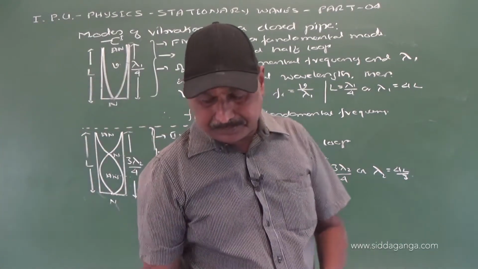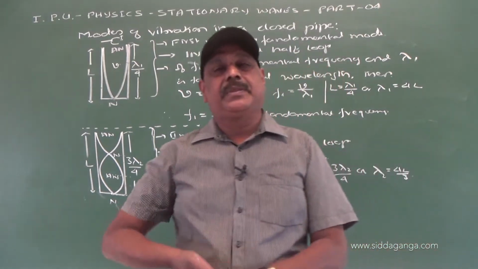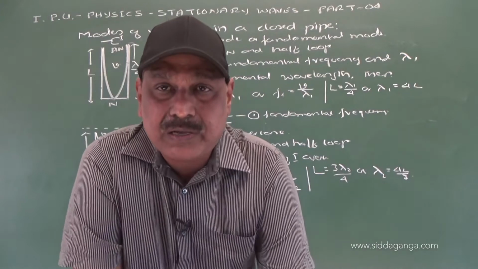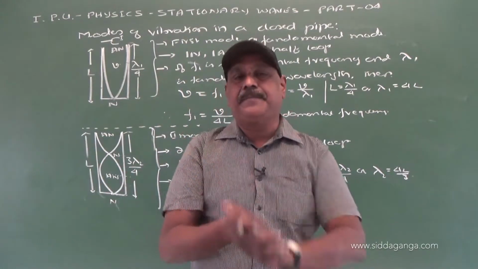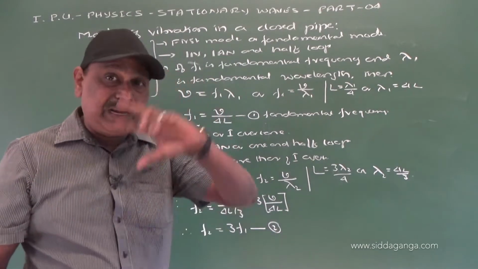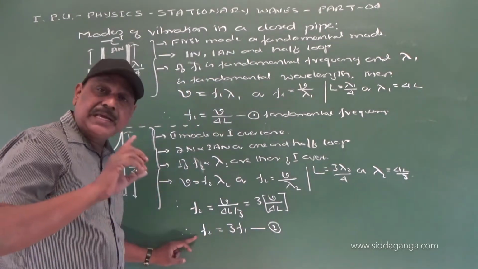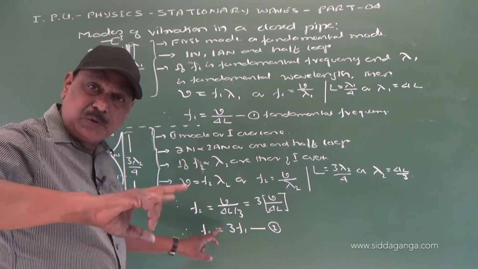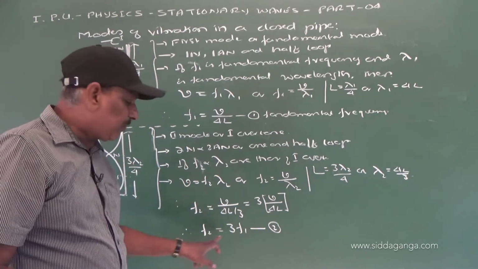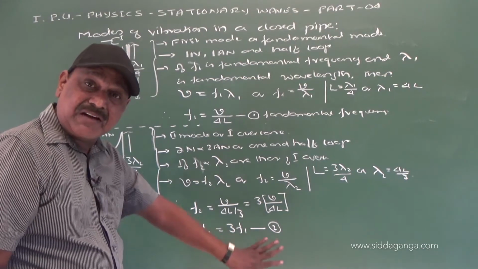Again here, we have already discussed modes of vibration in stretched string and modes of vibration in open pipe. In both the cases, F2 comes out to be 2F1, right? But here F2 comes out to be 3F1.